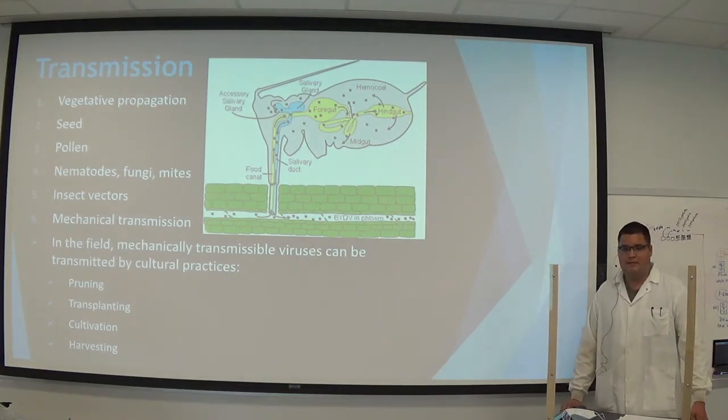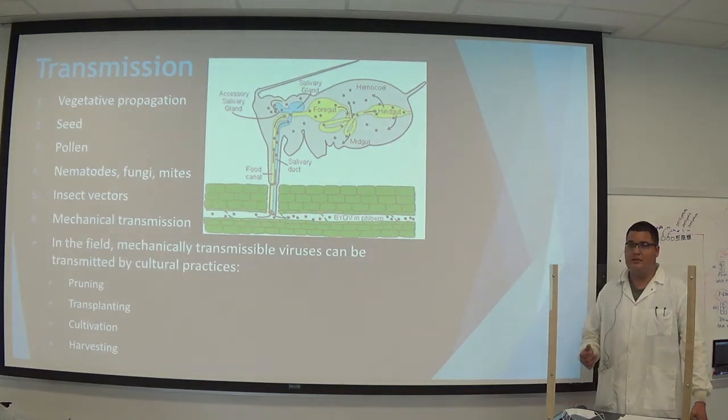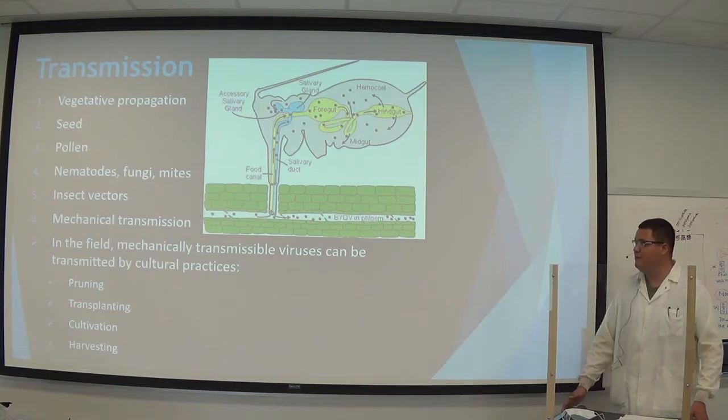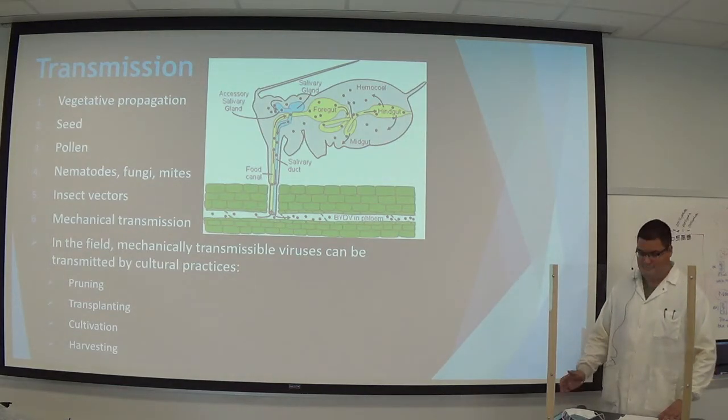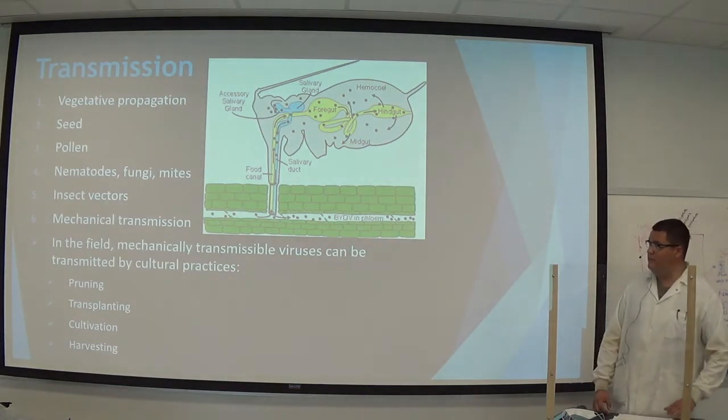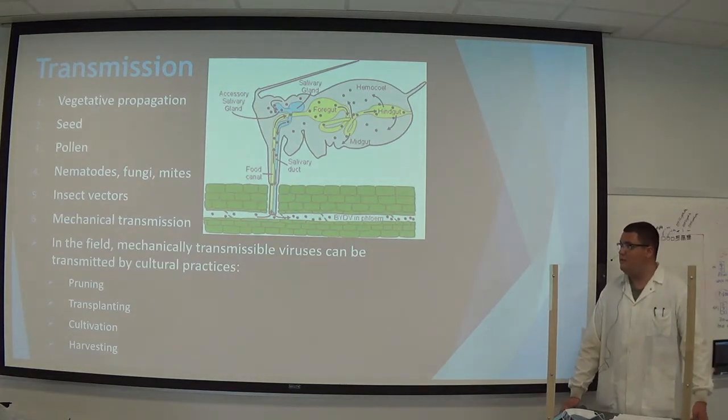There's also pollen. Some viruses will actually enter the pollen of plants, and depending on which species of plant you have, if you have a plant that's pollinated with that infected pollen, then you'll get seeds that are also infected. So there's that. There's also nematodes, fungi, and mites. At least nematodes and mites feed on plants.